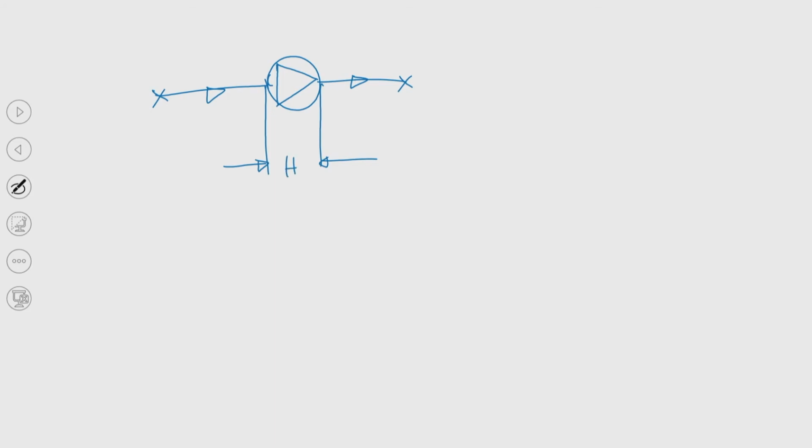So, if we give the name of this point as 1 and this point as 2, inlet and outlet. So, this is the pump.